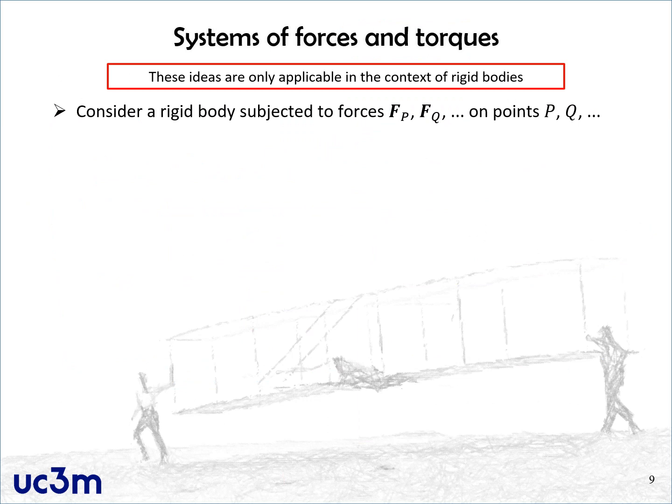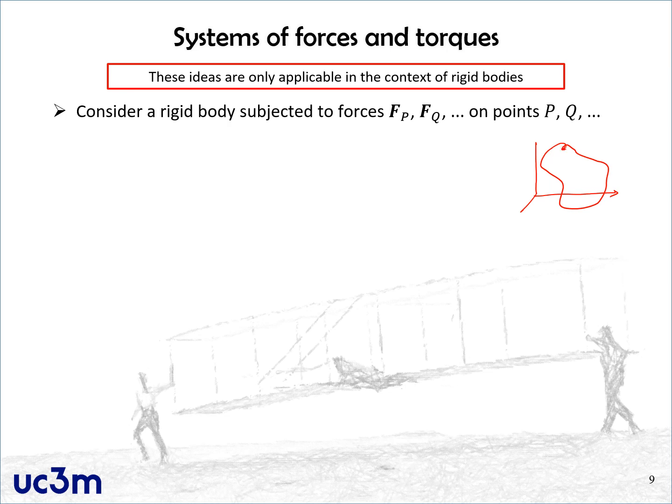All right, so next we are going to discuss systems of forces and torques applied on rigid bodies. It's important to note that what we are going to see from this point onward will only be applicable to rigid bodies, not to general system of particles. So imagine that we have a rigid body over here, which is subjected to a number of forces.